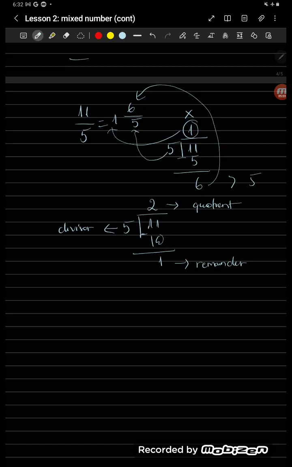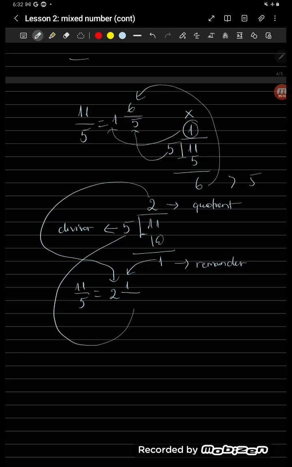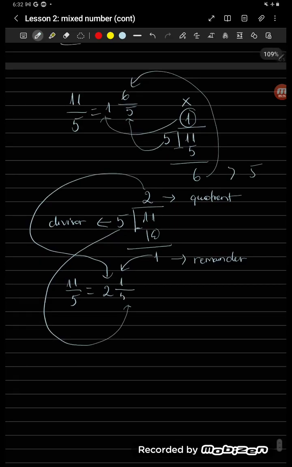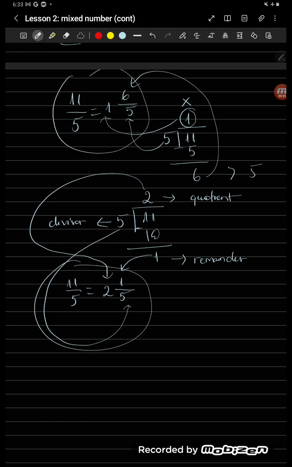Now your mixed number will be 2 as the quotient, the remainder comes to the numerator part, and the divisor 5 comes here. Now you see the difference between this one and this one.